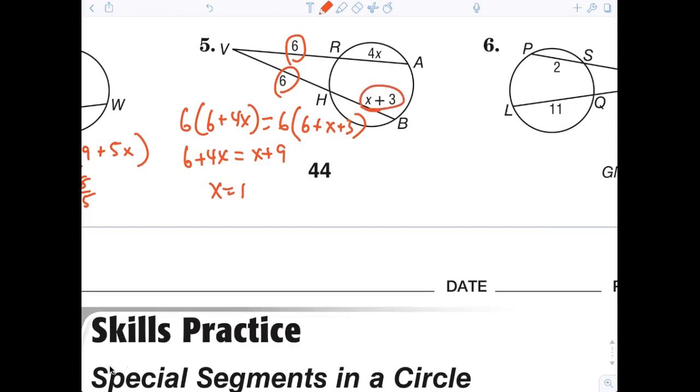So these have to be what? The same. How do you get x plus 9? Are you having trouble with 6 plus 3? No. You got it? Right? This 3 and this 6.